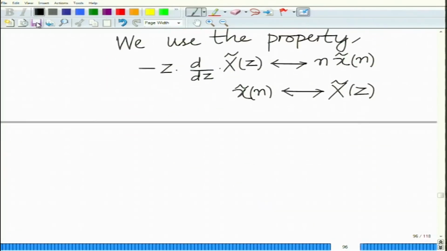Now consider z over z minus 3. Let us say X tilde(z), just to denote it by different notation, equals z over z minus 3.